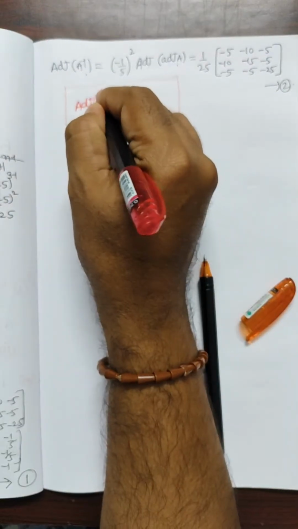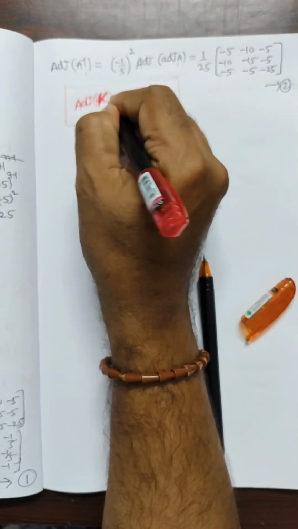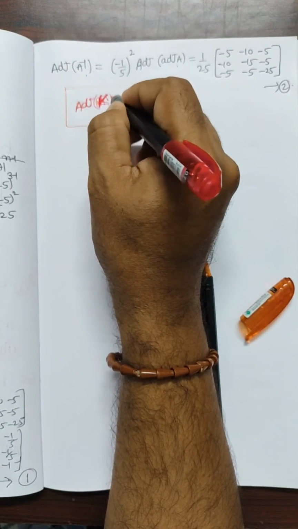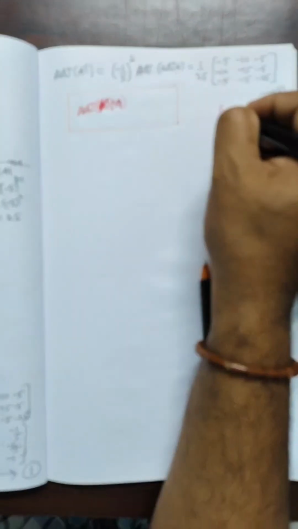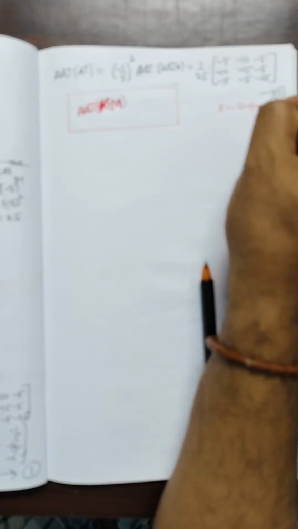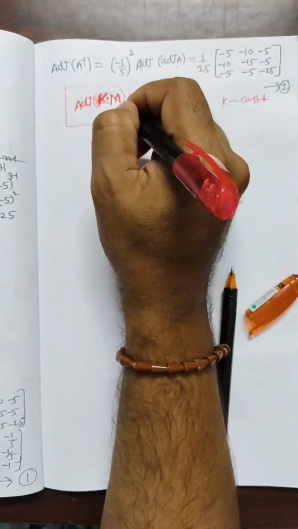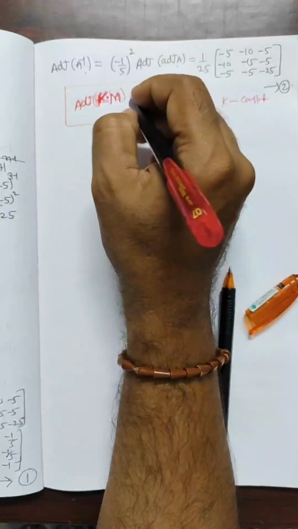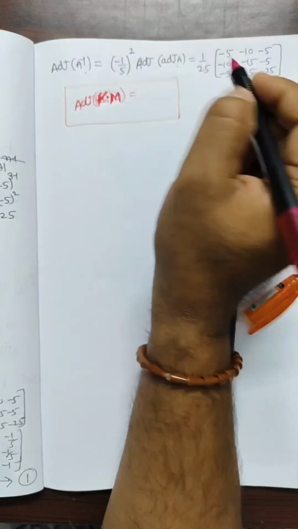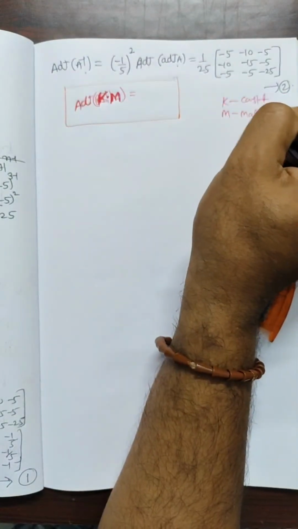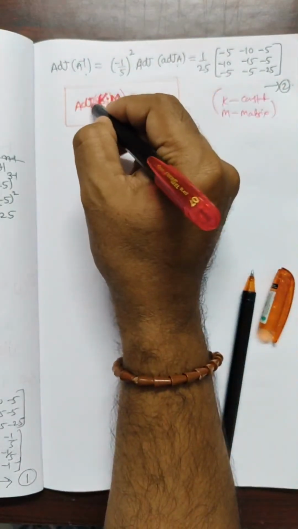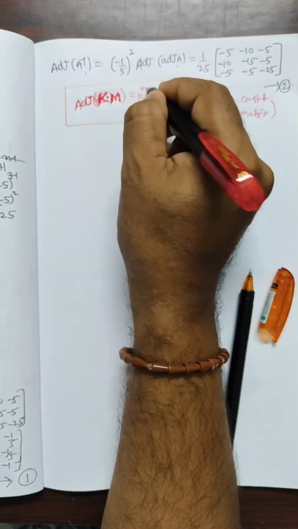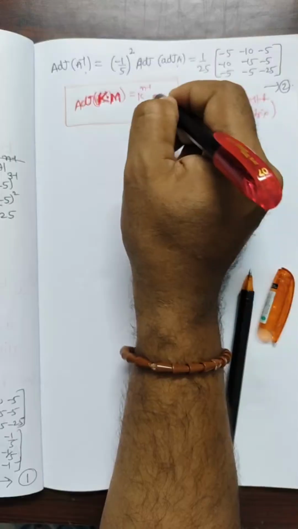Adjoint of K into M. M is any matrix. K is any constant. K is constant. M is a matrix. So adjoint of K into M is equal to K power n minus 1 into adjoint M.